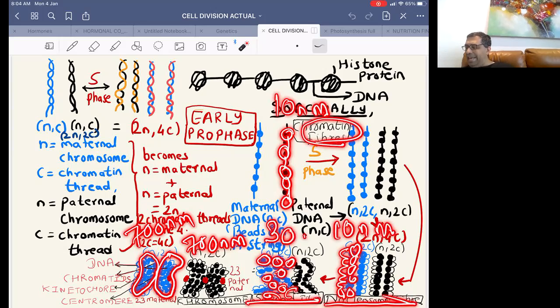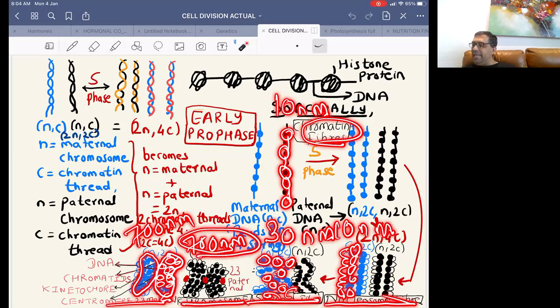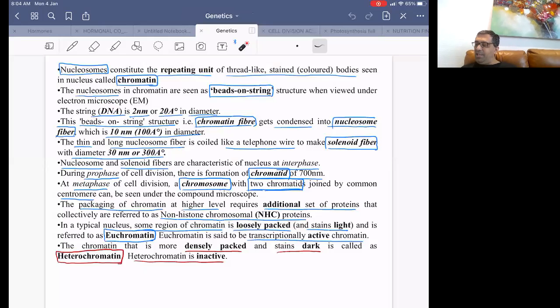It was 30 nanometer. And how much is the chromosome or chromatin fiber? 700 nanometer. So 10 nanometers has become 30 nanometers, has become 700 nanometers. That is the way packaging takes place.